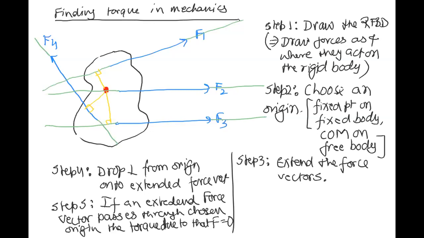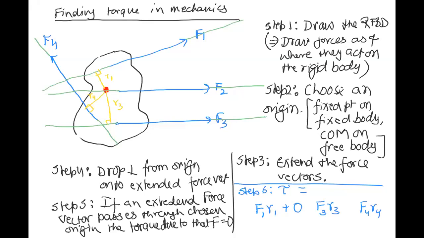So let this be R1, let this be R3, let this be R4. Step 6. The torque will be equal to F1R1 plus 0, F3R3, F4R4.